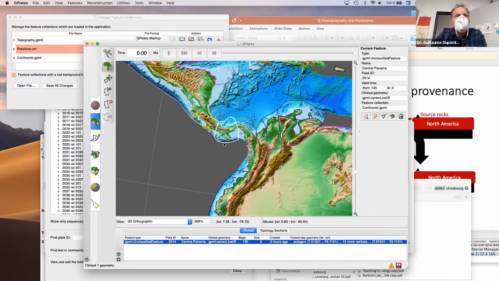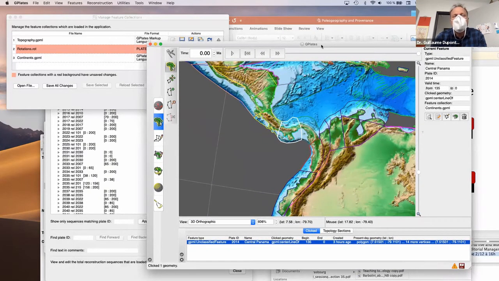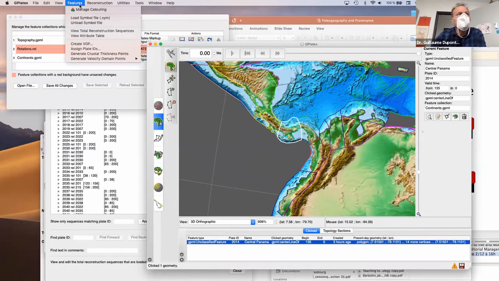And so we had this first block, 2014, and this is the one that rotated actually counterclockwise, if I remember correctly. And so we want to make it rotate.